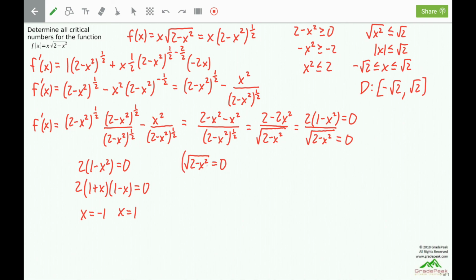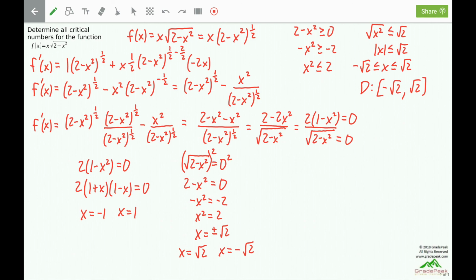We can start by squaring both sides. Square root squared cancels itself out, and we have 2 minus x squared equals 0 squared, which is 0. Subtracting 2 from both sides, dividing both sides by a negative 1, and then taking the square root of both sides, which will give us a plus or minus square root of 2. I will write these separately, the positive square root of 2 and the negative square root of 2.